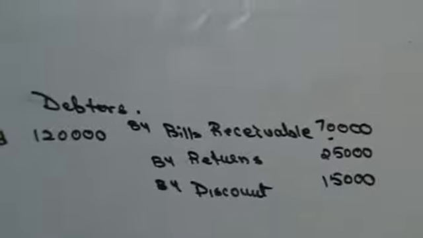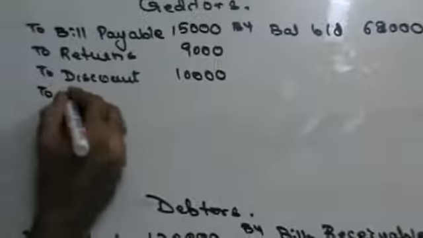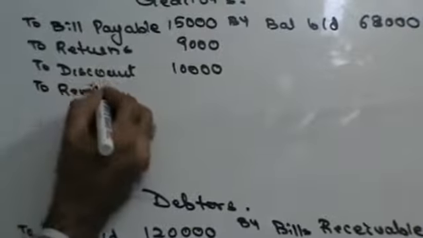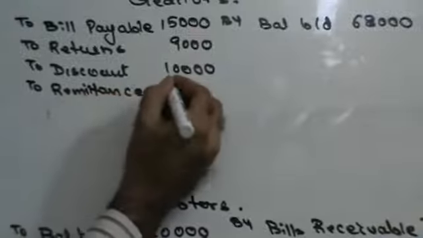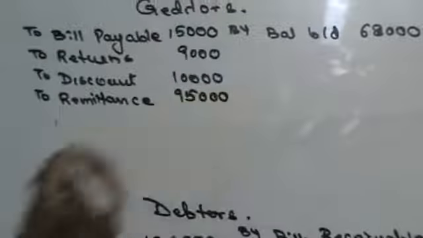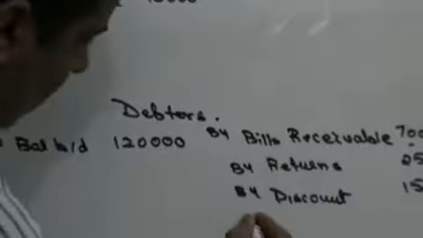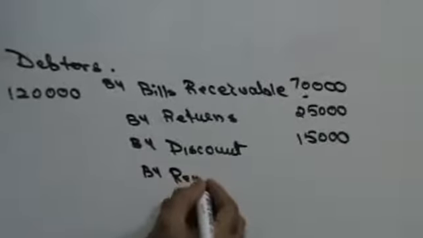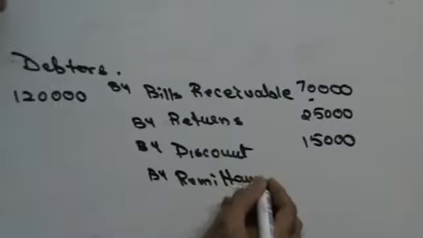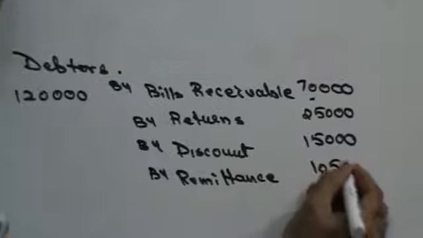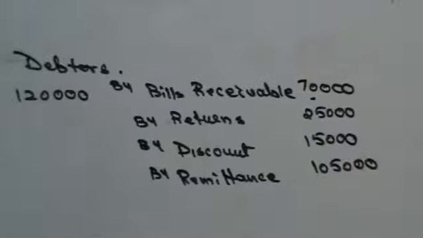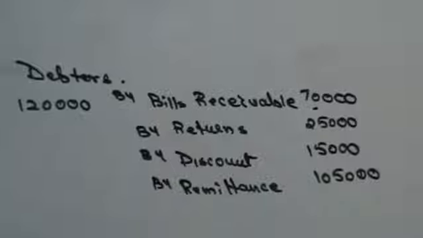Remittance to suppliers is 95,000. Remittance by customers is 1,05,000, by remittance. Next, due on the date of fire, closing balance.